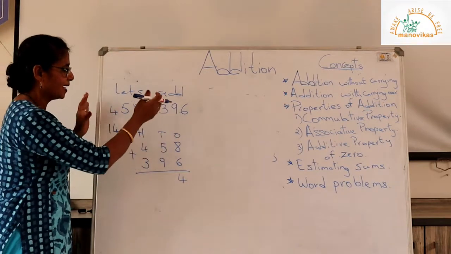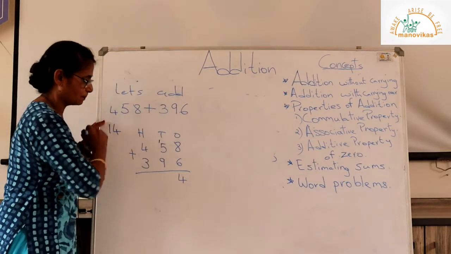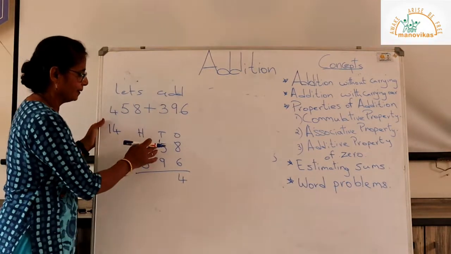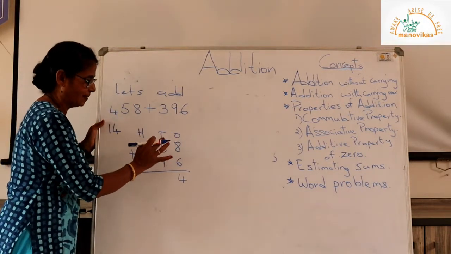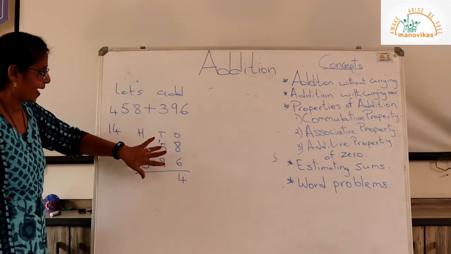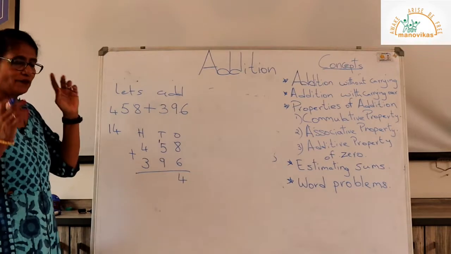So what I do is I carry it over to the tens place, and in the tens place I have 5 tens plus 9 tens.